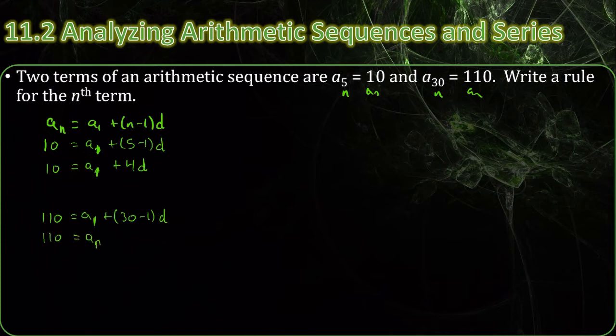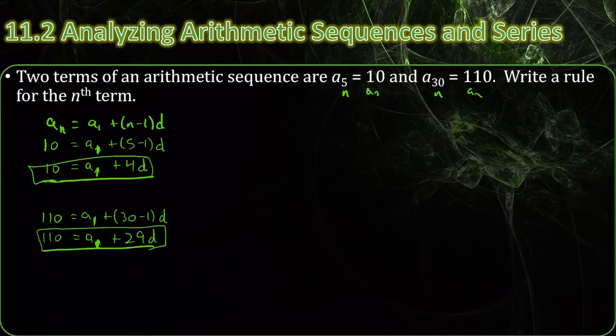Equals a1 plus 29d. So now we have two equations and two variables, a1 and d. So we can solve a system of equations. Well, maybe if I multiplied the first one by a negative 1, I'd have negative 10 equals negative a1 and negative 4d.